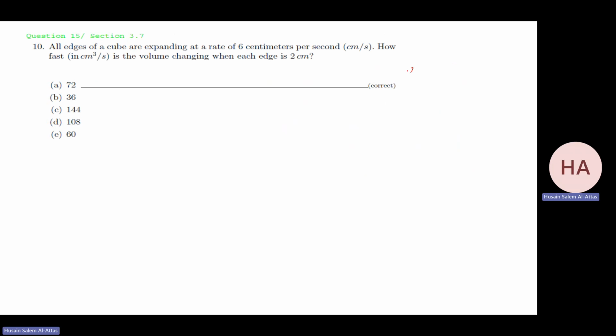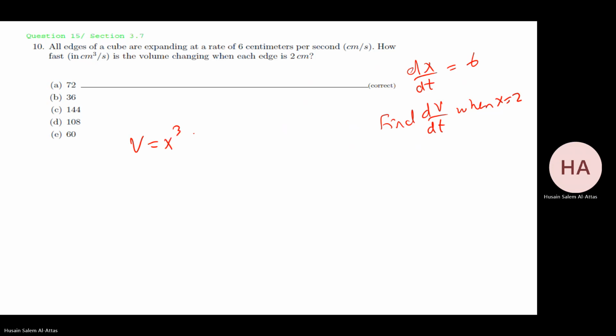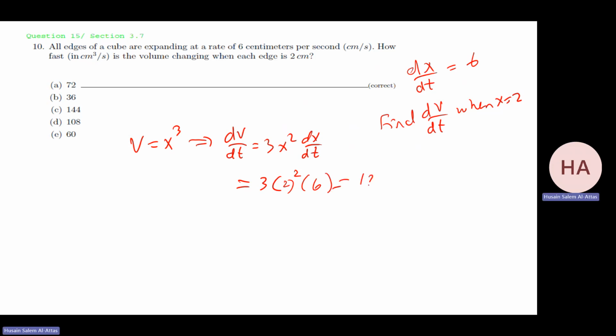Oh, same idea. dx by dt equals 6. Find dv by dt when x equals 2. So v is x cubed. So dv by dt equals 3x squared dx by dt. And that will be 3 times 2 squared times 6. 12 times 6, which is 72, which is this.